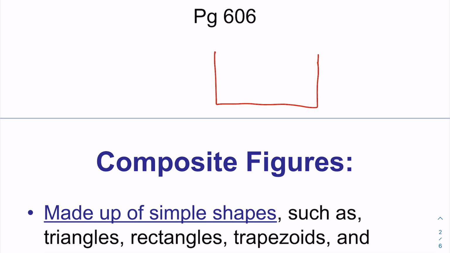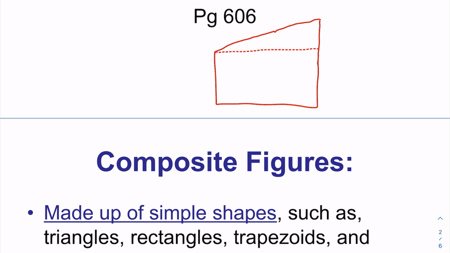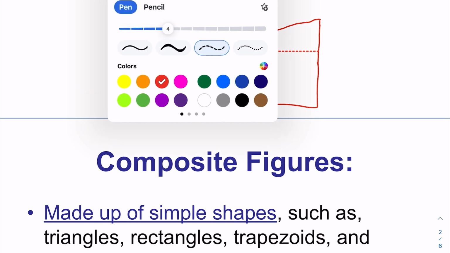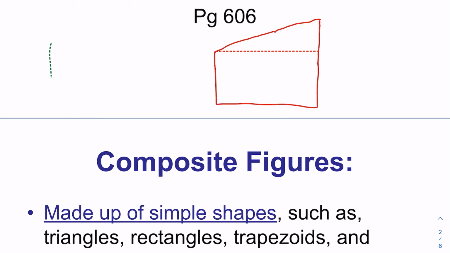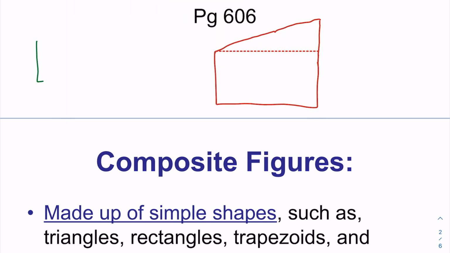Instead of a full rectangle, I actually draw this instead, which you can call a different quadrilateral, but this is made up of a rectangle and a triangle. And we can even go even further. We can put a semicircle on top, or about as close to a semicircle as you can in this case.